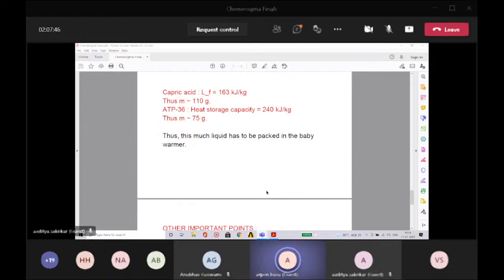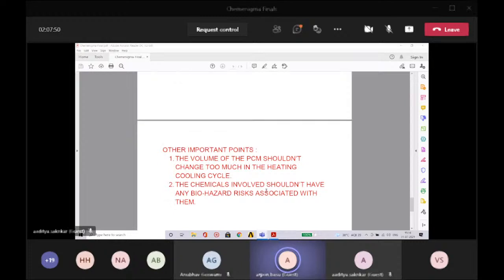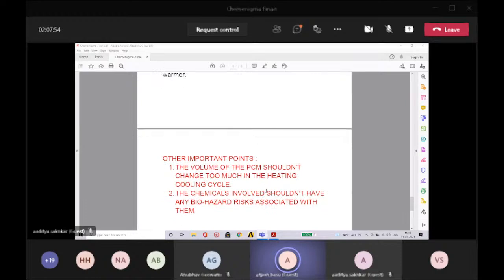And of course, in any design problem, there are many aspects. Something we tried to predict from the beginning was that when this melting and freezing occurs, there can be significant volume changes. So we should try to pick materials in which this volume change is minimized.